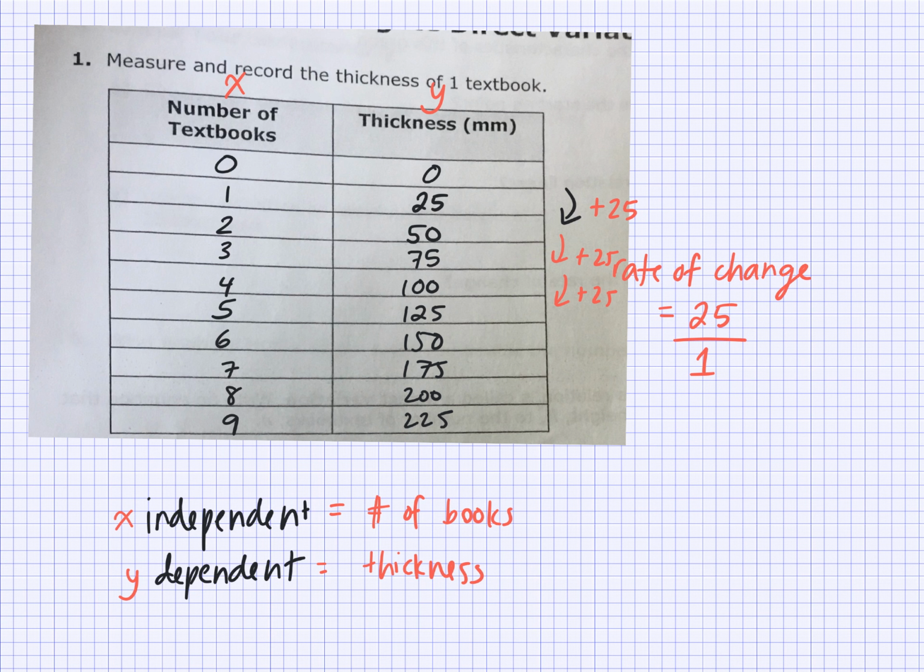What would be a good scale to choose for your x-axis? Look at your values. What would be a good scale to count by? 1. Sure. And what would be a good scale to count by for your y-axis? 50. Yeah, you can count by 25, so it would be easy to graph this.